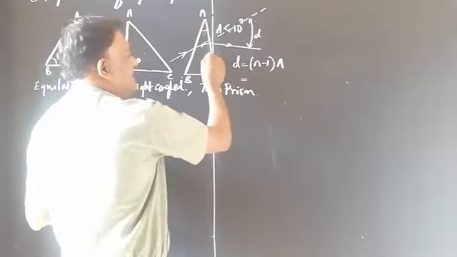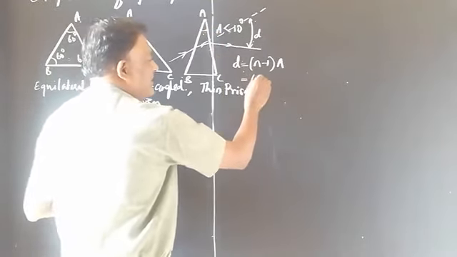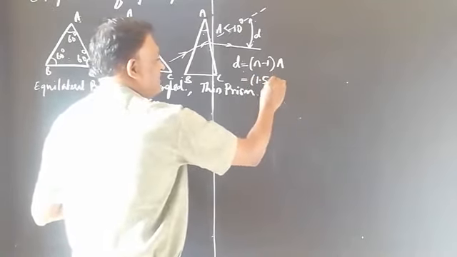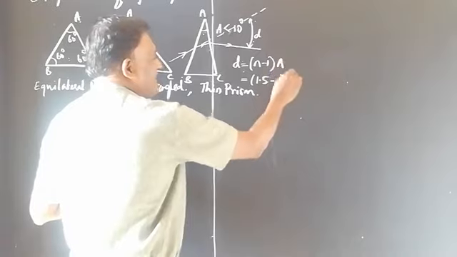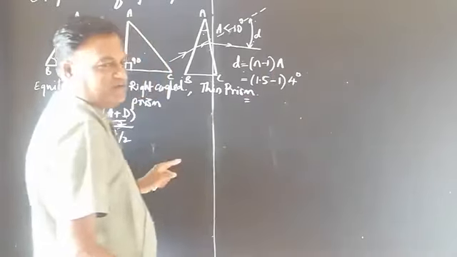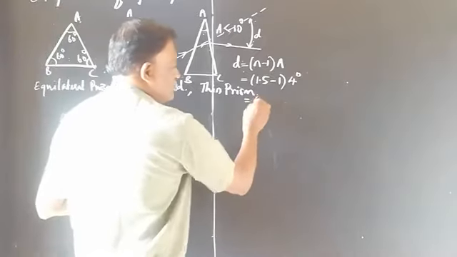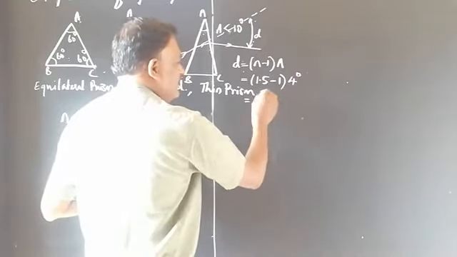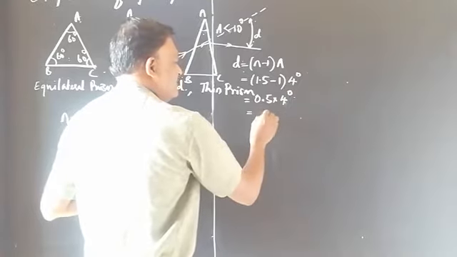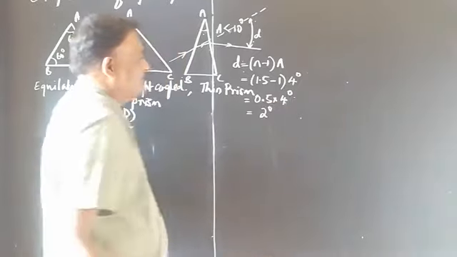So usually the glass material having a refractive index 1.5, minus 1, if the angle of the prism is say 4 degree, then the deviation produced by thin prism amounts to 0.5 into 4 degree, that equals 2 degree.